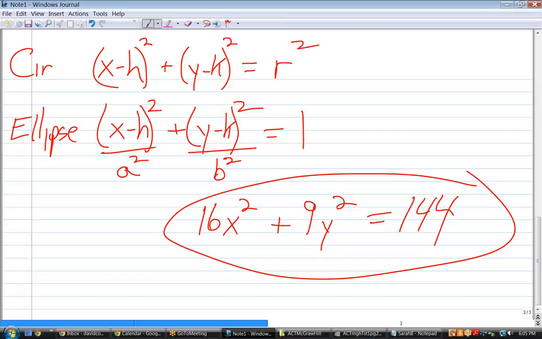How do I know that's an ellipse and not a circle? Because 16 is not the same as 9. If this was a circle, the coefficients would have to be the same. So I immediately know it's an ellipse because of that, but how do I get it in ellipse format?